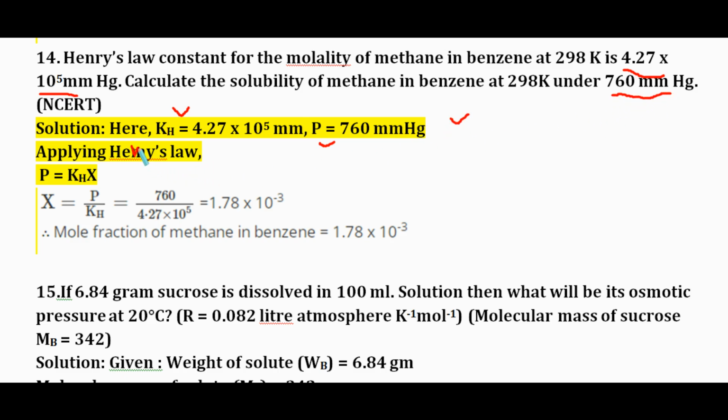Applying Henry's law, P equal to Kh into x, so x equal to P upon Kh. Value of P is 760 and value of Kh is 4.27 into 10 to the power 5. On calculating, we get 1.78 into 10 to the power minus 3. The mole fraction of methane in benzene is 1.78 into 10 to the power minus 3.